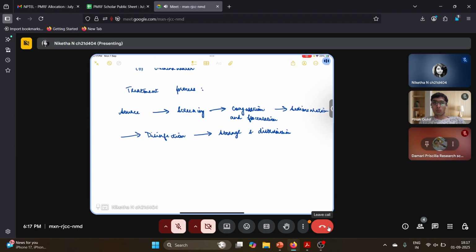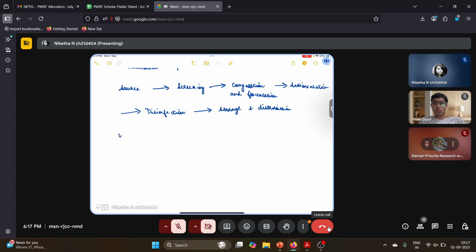And then comes coagulation and flocculation. So why do we do coagulation and flocculation? Any ideas? Any guesses?